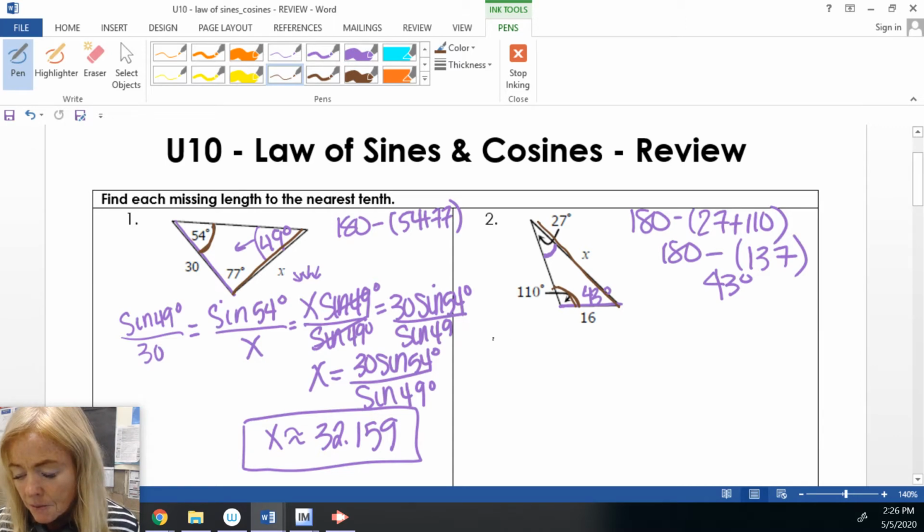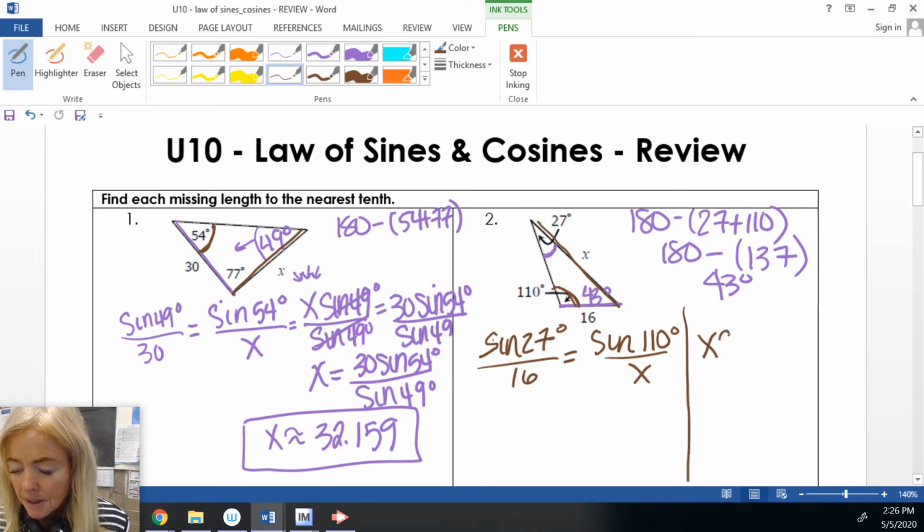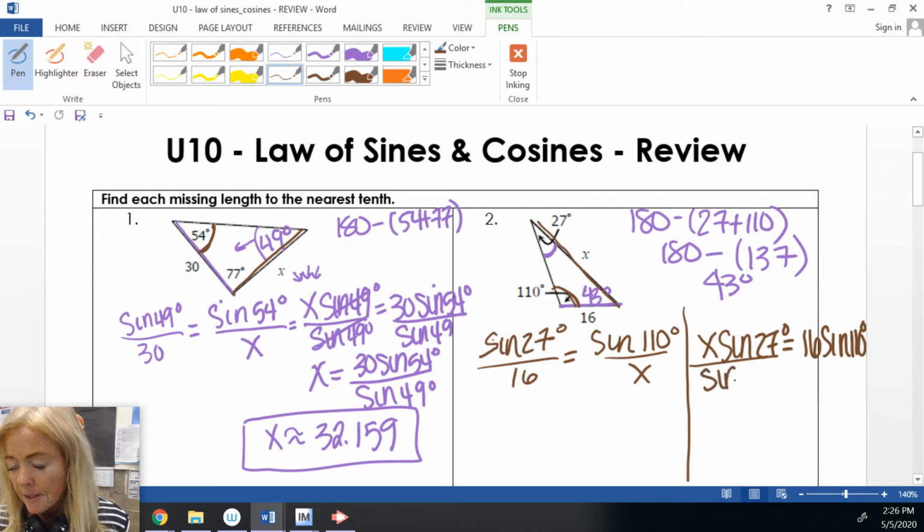So we'll do sine of the 27 degrees over 16 is equal to the sine. Let's see what's across from the x, 110. Sine 110 over x. And that gets us all set up. So that means x times the sine of 27 degrees is equal to 16 times the sine of 110 degrees. And then you can divide by the sine of 27 degrees. And you've got it.